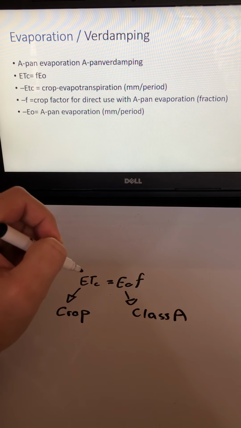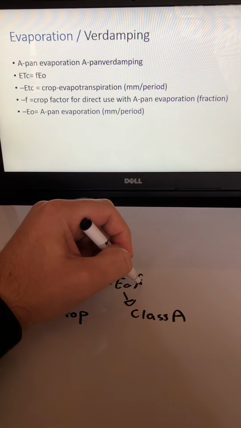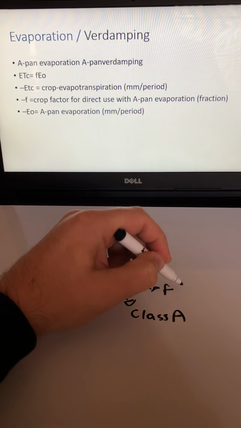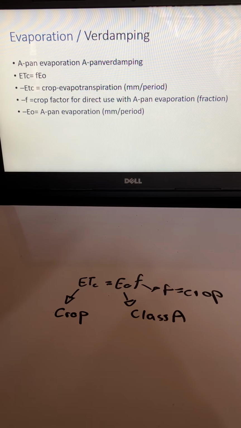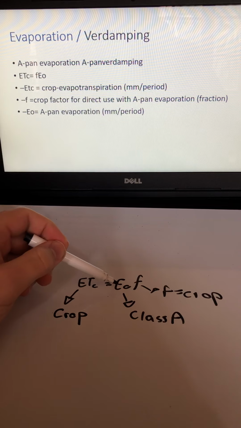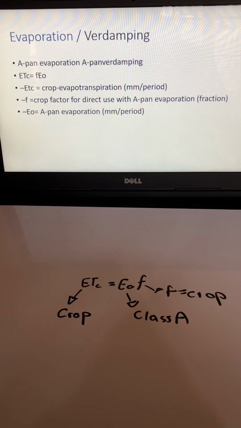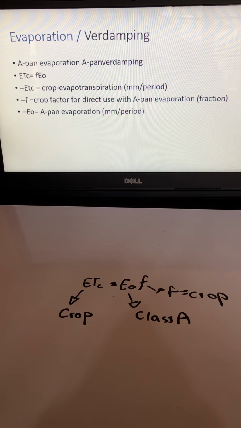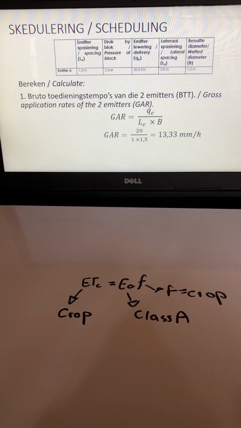So the evaporation that you measured multiplied by F, and F is the factor for the crop. So by just measuring with your Class A pan and multiplying it by the factor that is different for each crop, you can get the evapotranspiration or evaporation for your crop.